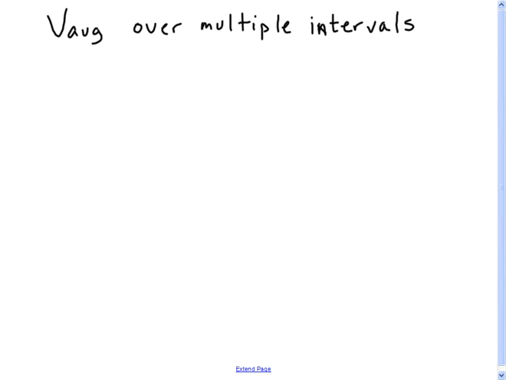D over T. What's another way? VI plus VF over 2.